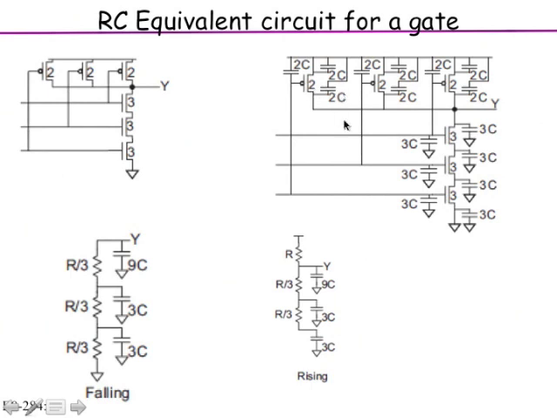The unit transistor is assumed to have a capacitance C, so this becomes 2C. Each of the 3 transistors at this node Y contributes a capacitance of 2C, and all these 3 capacitors are in parallel. Similarly, the drain capacitance of this top NMOS transistor is also 3C.